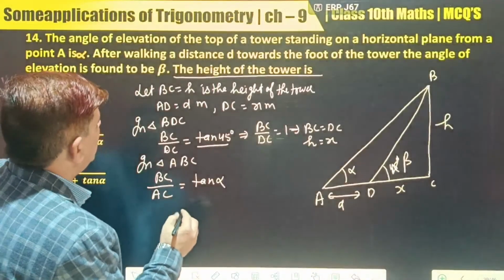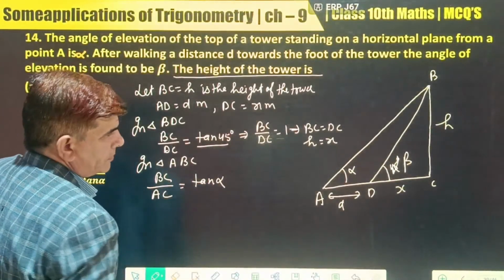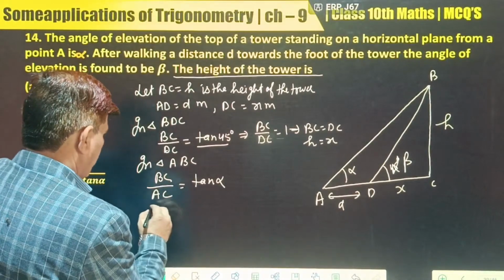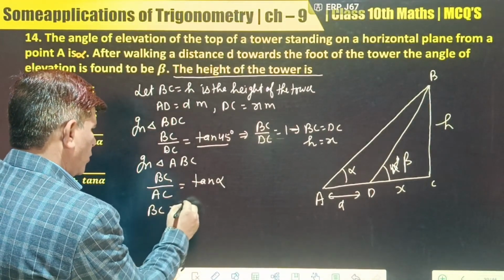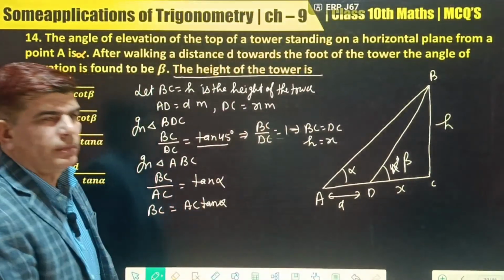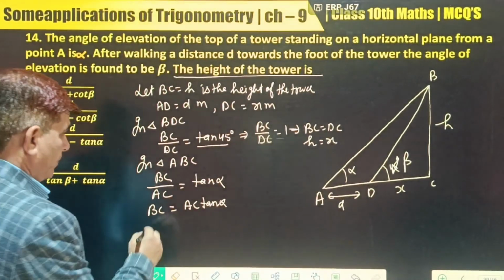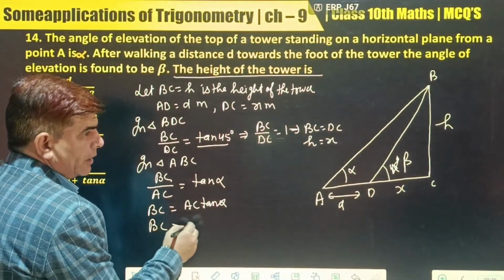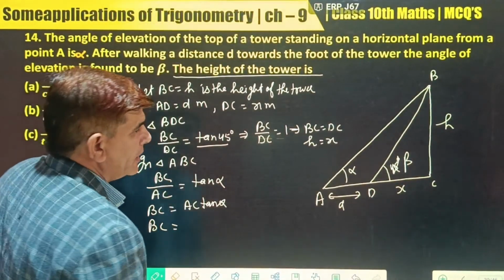So what do we have to find out? The height of the tower, BC. So BC equals AC tangent alpha. What is AC? AD plus DC.